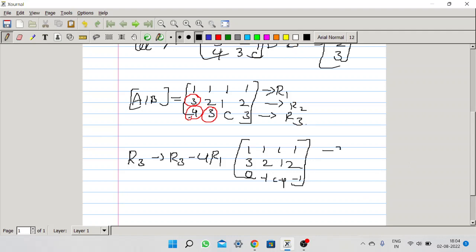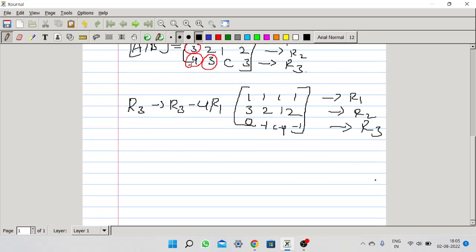So now again this is R1, this is R2, this is R3. Now we will make the element minus 1... No. Firstly, we will do the element 3.